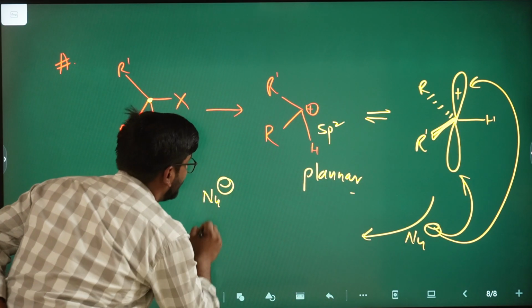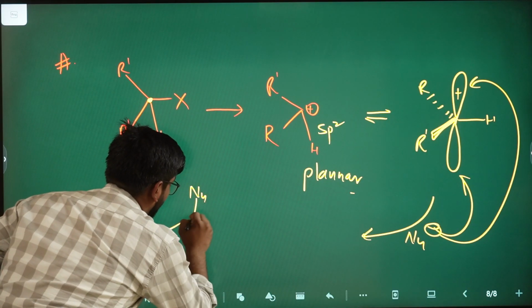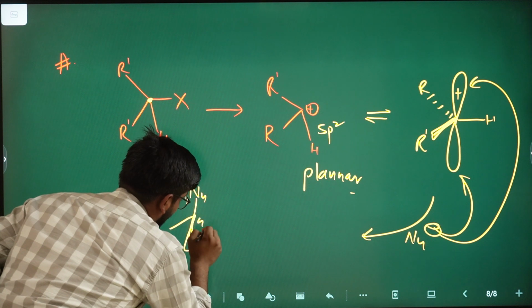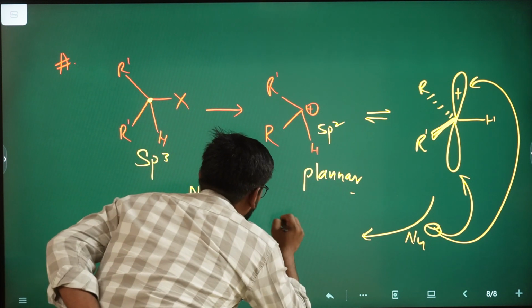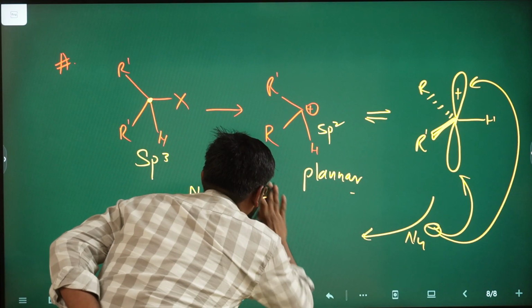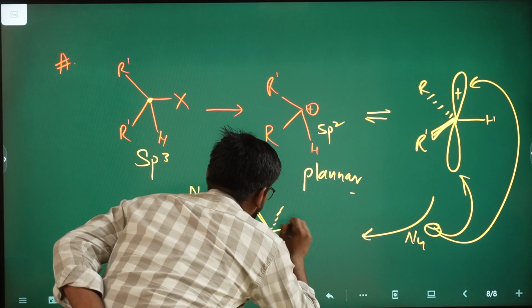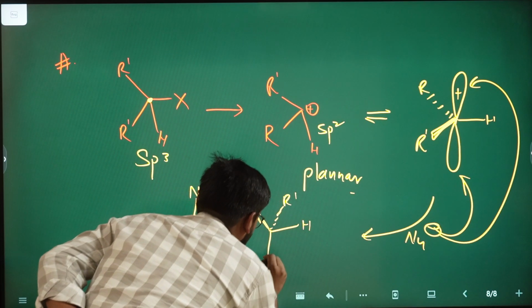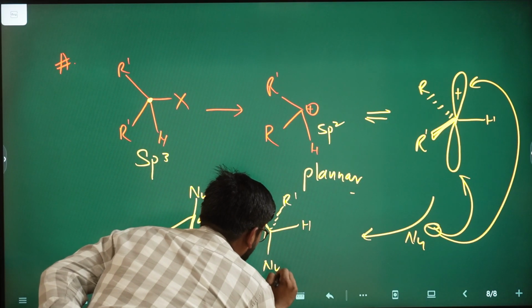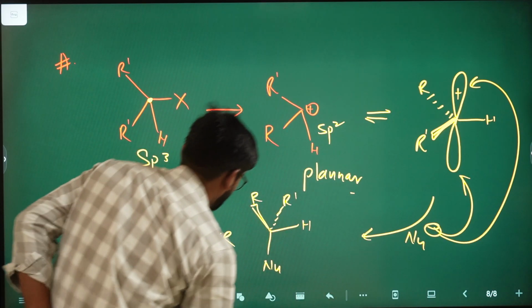Nucleophile, R dash and hydrogen, and also R dash, hydrogen and this. So these are two products and they are enantiomers.